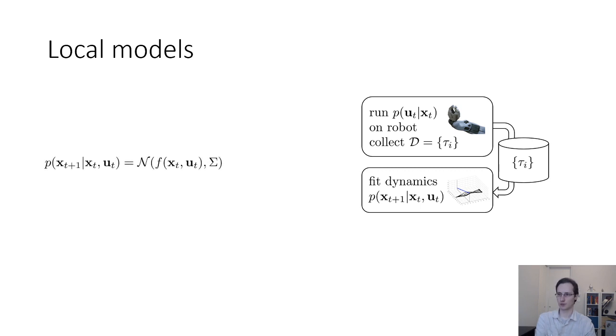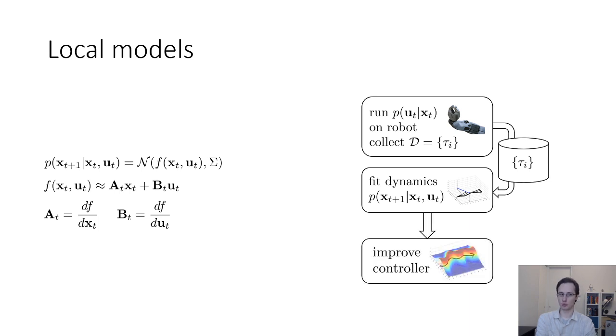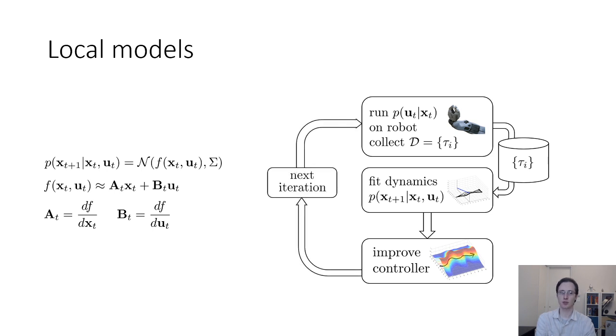So your dynamics would be represented maybe by a Gaussian, where the mean is a linear function, so you need to fit the matrices A and B, and then treat those A's and B's as approximations to the derivatives df/dx and df/du. Then you would improve your controller by using essentially LQR, and then repeat the process. So this would be the recipe for LQR-FLM, or LQR with fitted linear models.